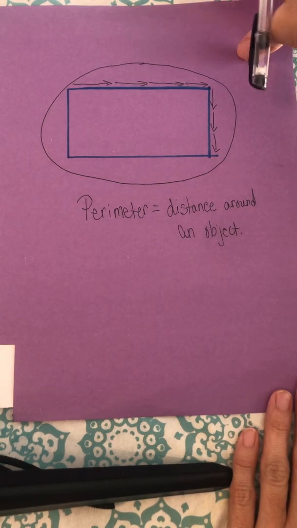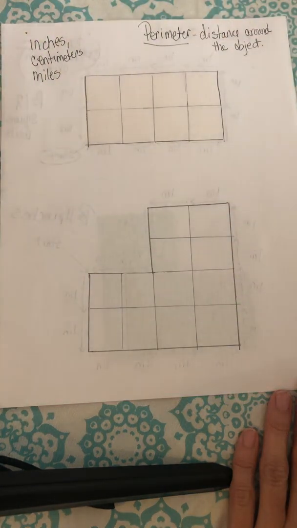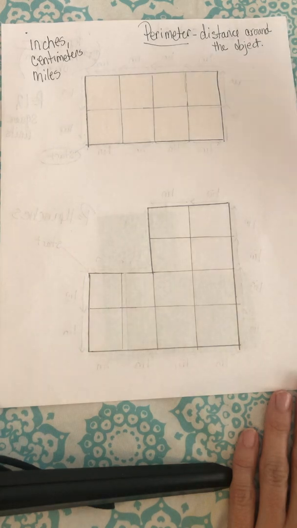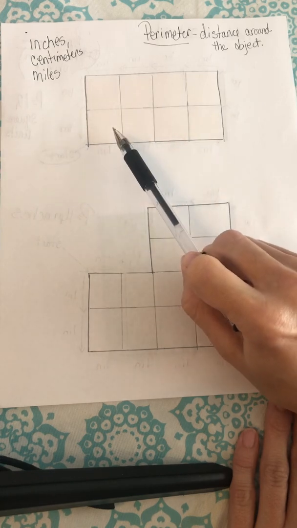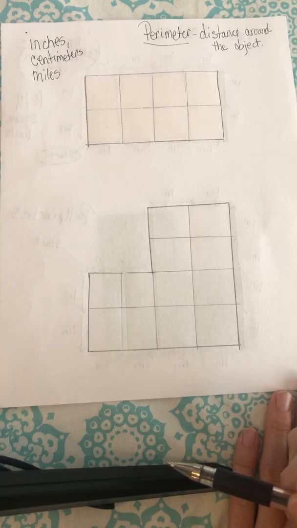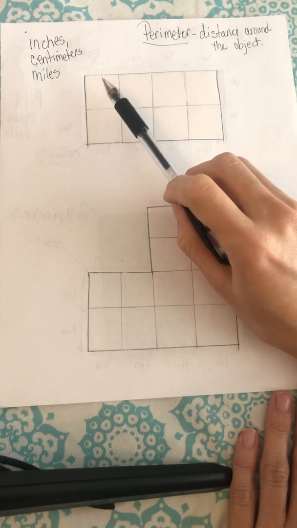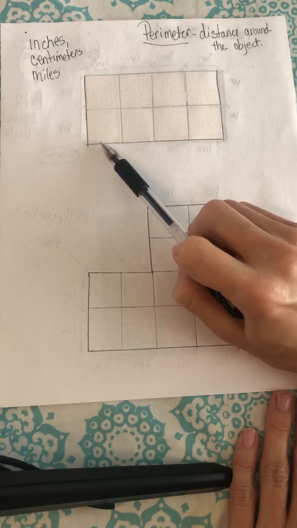So today, we are going to find the perimeter of a rectangle. When we are trying to find the perimeter of this rectangle, we need to understand that we must calculate the perimeter by adding together the length of all of the sides of the object.